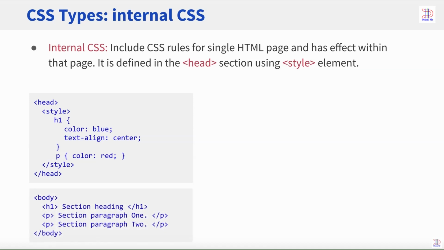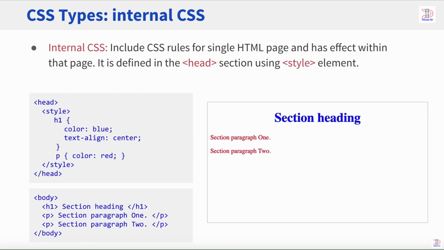And in the body we have h1 then two paragraphs. And if you see the output, both the paragraph colors are red. If we use the inline CSS approach here, then for both the paragraphs we need to give the style separately.